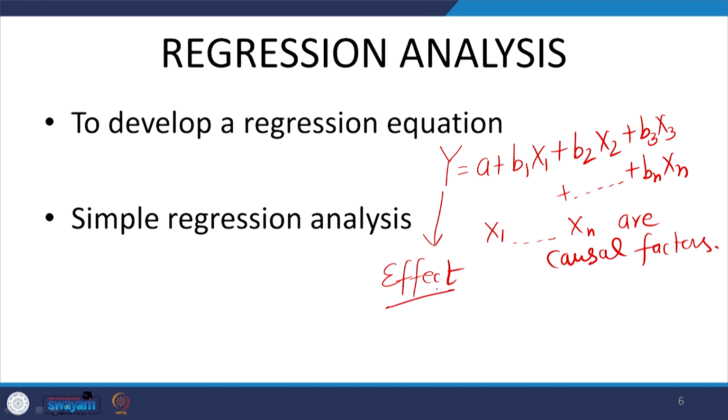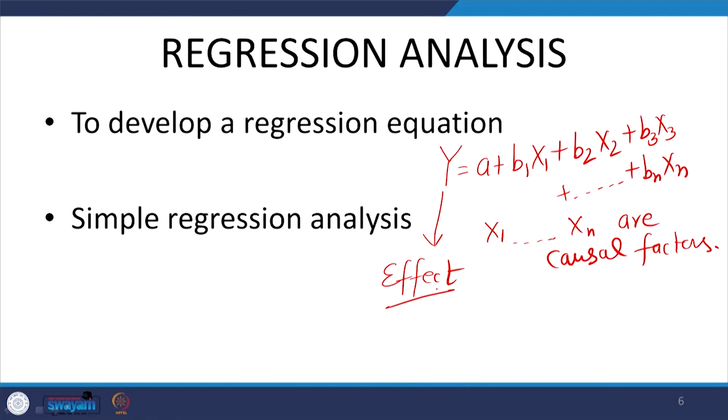In our case, because we are interested in the forecast, this effect is in terms of demand of the product for a future time. Now, this effect depends on various causal factors, and these causal factors are x1, x2 up to xn. So, we develop this type of general regression equation.